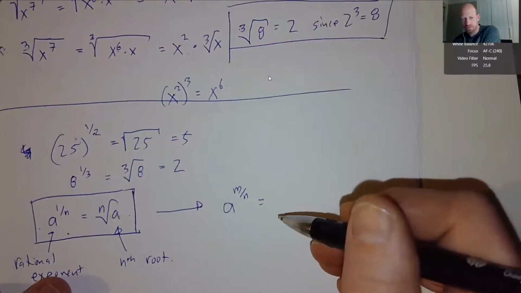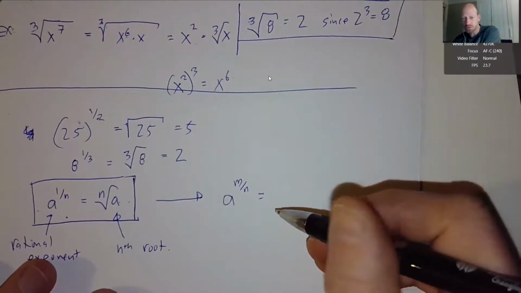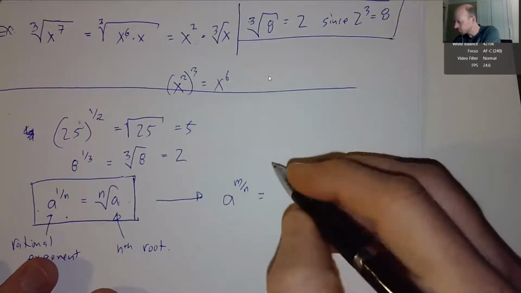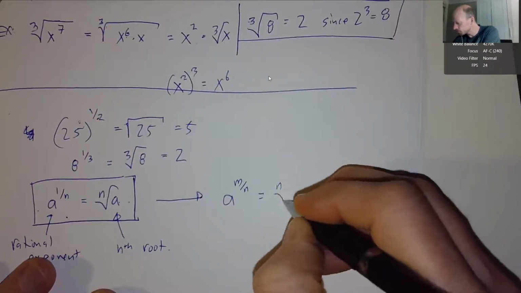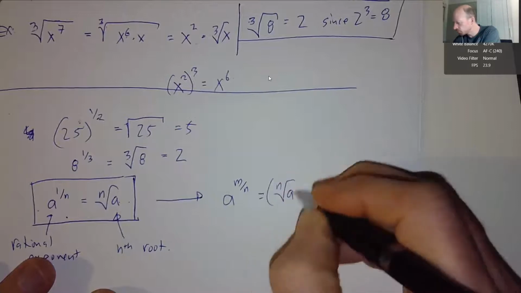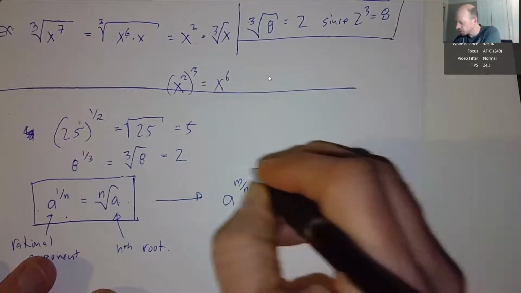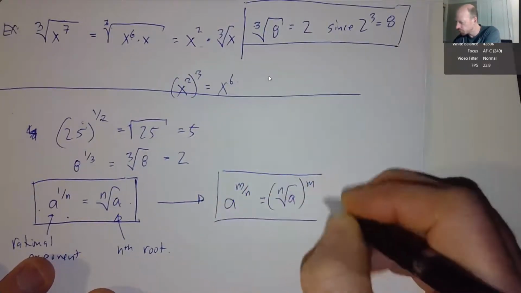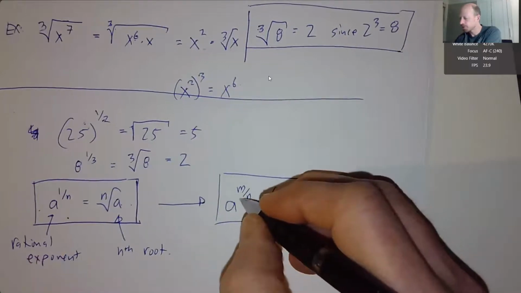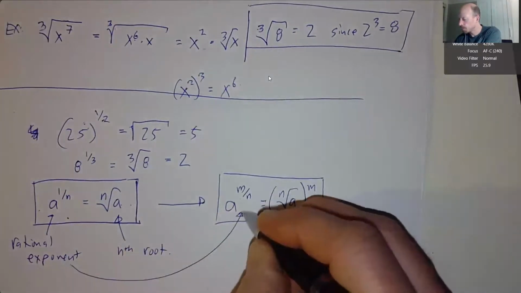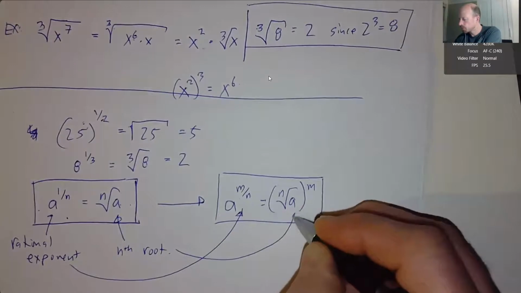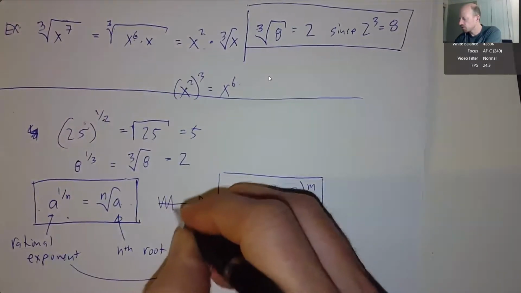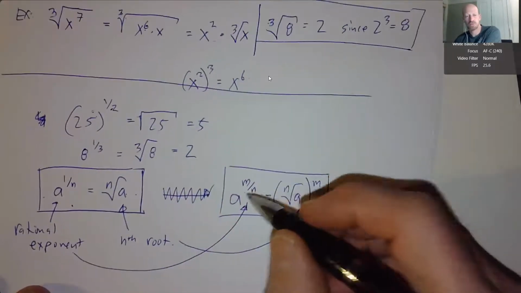So this definition here, and this is probably something you'll want to write on your note sheet, allows us to deal with other types of rational exponents. There's not an arrow here, but these are related formulas.